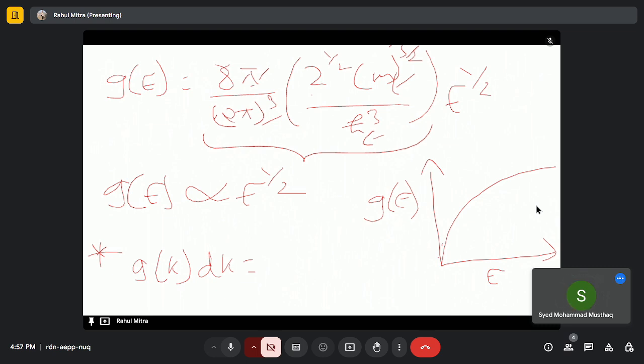Circumference 2πk dk. Instead of volume, it will turn out into area. So 2π divided square times L². If I am just representing in terms of area, that will turn out to be L².